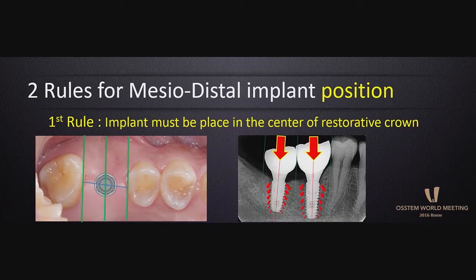Having good biomechanics means the chance of prosthetic complications will be less, including screw loosening or screw fracture, or sometimes even implant fracture. Even though Osstem provides us the ESR and EFR kits, we don't want to use them, right?